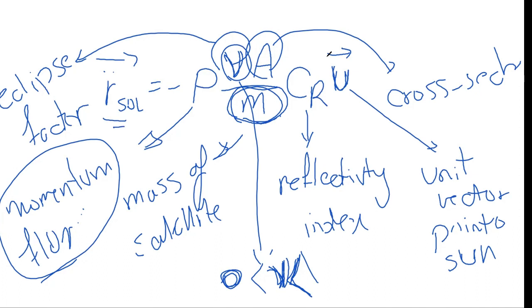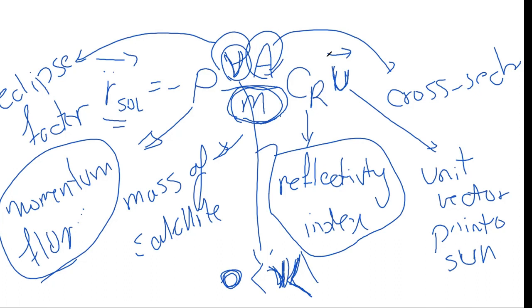So lighter satellites are more affected by solar radiation. That's the area of cross section. What is reflectivity? You know how much of the light energy is reflected by the satellite. So these two are connected to each other.